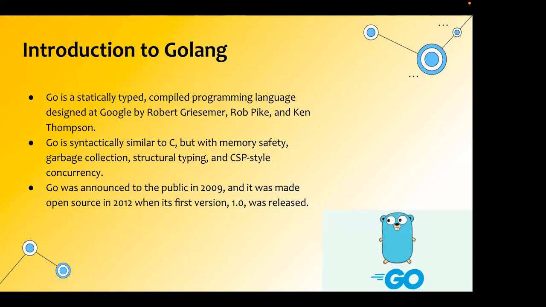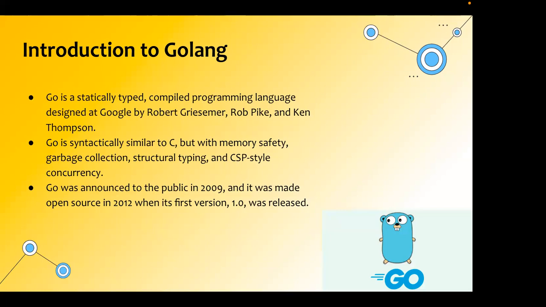So three people, Robert, Rob, and Ken, decided to write a new language for Google, and it first came out in 2009, and in 2012 they made it open source. Open source means anyone can use this language. It is not limited to Google only. Anyone can use it, and anyone can contribute if they want to.